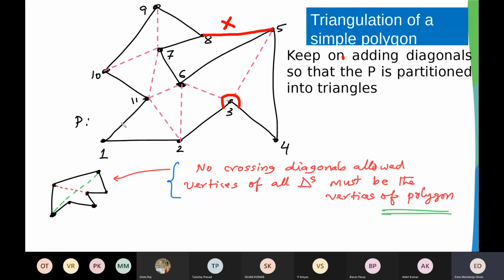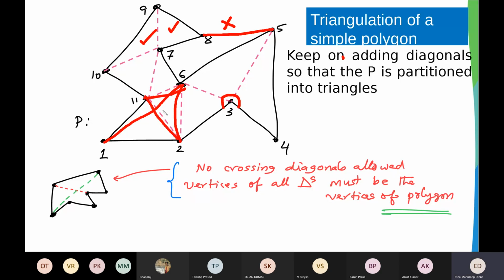Clearly, this is a triangulation of the polygon because every region is a triangle. All the vertices of every triangle should be vertices of the polygon. Let me draw something like this. Ignore these pink ones here.